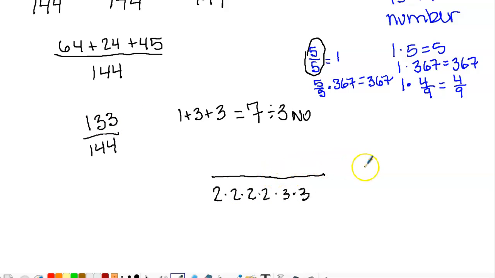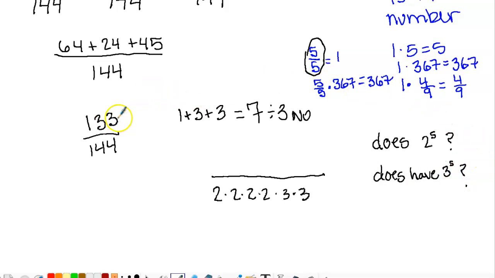So I don't necessarily have to break down this 133. I just have to ask myself, does it have 2s? Or does it have 3s?